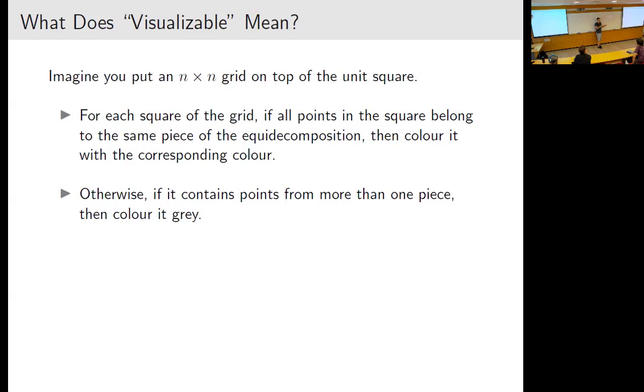And then maybe eventually you start getting some colors. The way I can say that this is visualizable is that the number of gray squares is at most n to the 1.987 for large enough n.